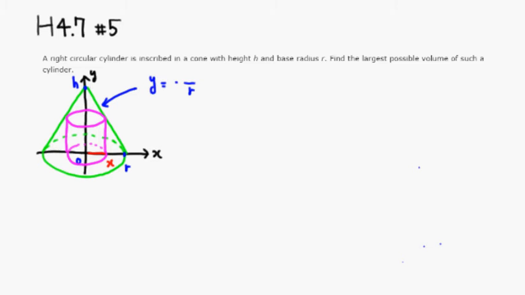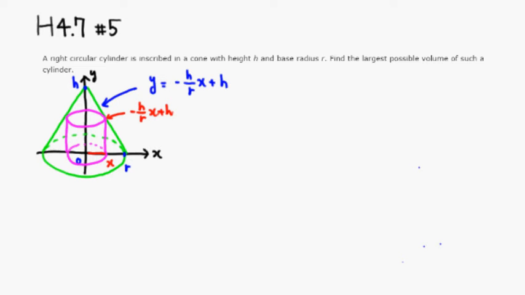So the equation is y equals negative h over r x plus h, in the form mx plus b. Since the x value is x, the height of the cylinder is negative h over r x plus h.